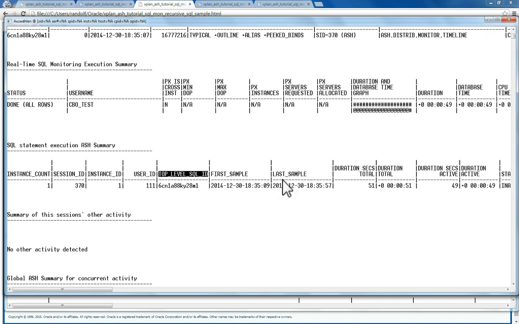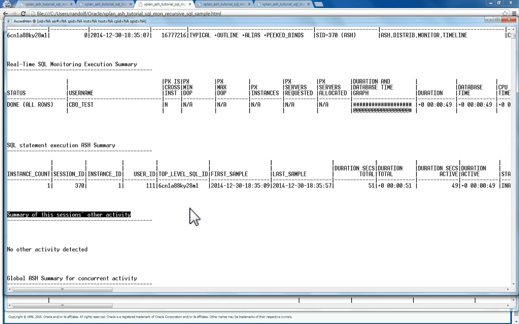And that leads me to the next section that I actually want to cover in this tutorial, which is this other session section, the summary of the session's other activity, which, as I outlined in the initial part of the tutorial, is about different SQL IDs that were found in the active session history samples during the period analyzed.